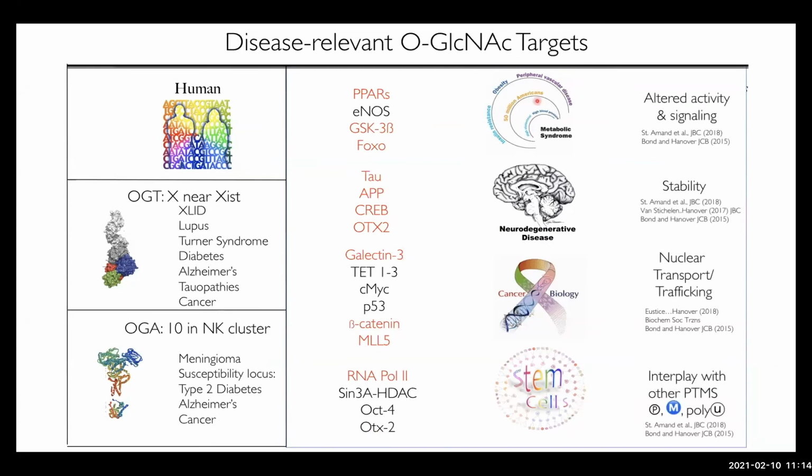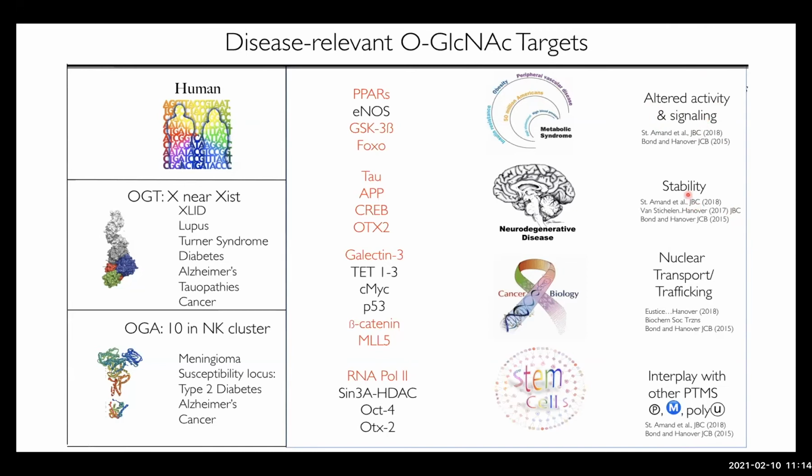So by way of introducing what O-GlcNAc does, I wanted to just mention a few key examples of how it operates. And so the citation is here if you want to look further, but we know that O-GlcNAc can alter the activity and signaling of signaling cascades.